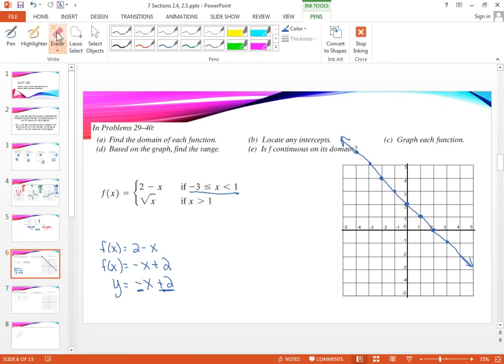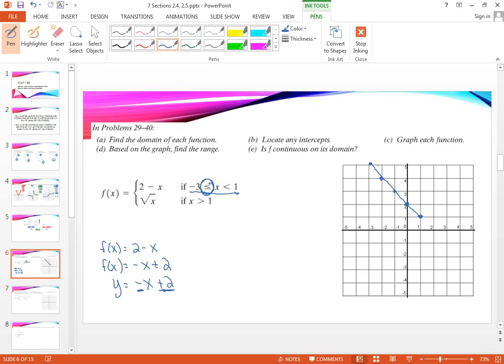But anyway, all right, so I'm only supposed to draw this between -3 and 1. So I take my eraser, and anything that is to the left of -3 gets erased. Okay? So all that gets erased. And anything that's to the right of 1 gets erased. And then that would just leave that piece right there.